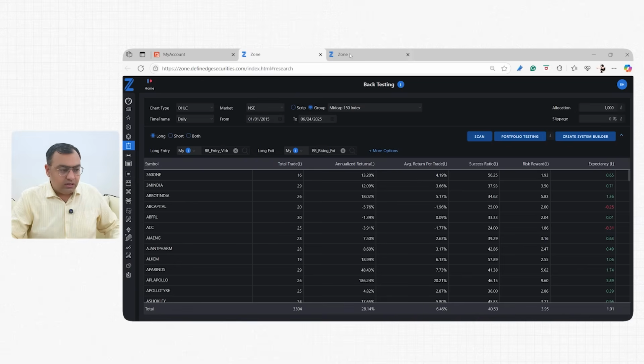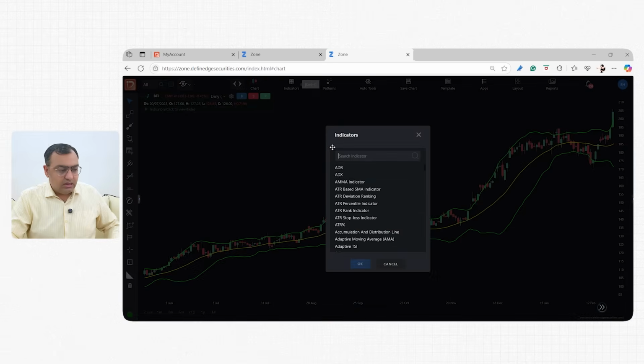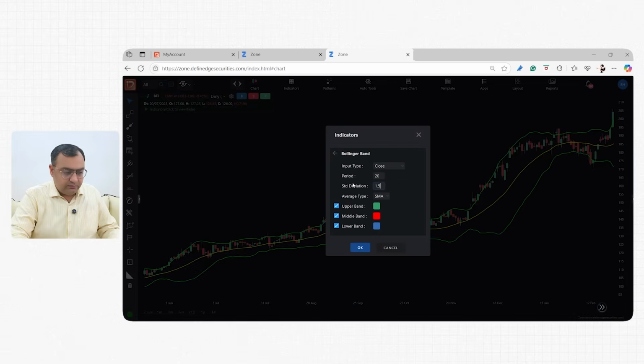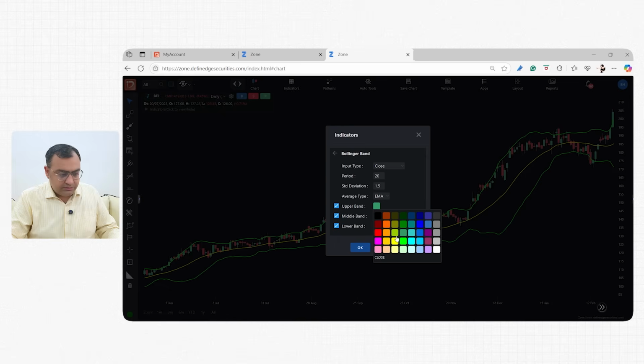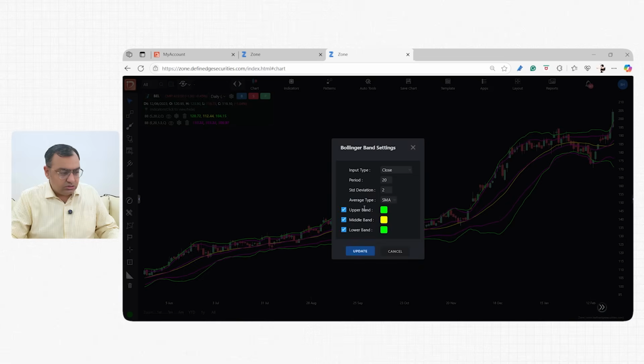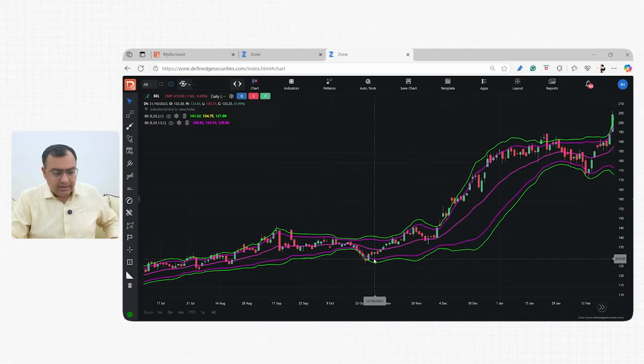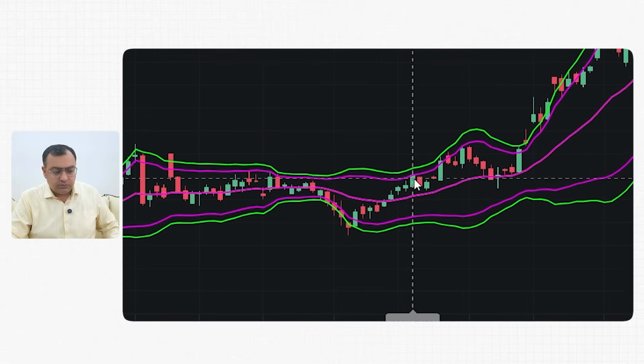Just to highlight over here on the chart how the setups look, I'll look at Bollinger Band 21.5 EMA and I'll change this color to pink. I have to change this EMA to SMA. Now if you look, I am looking at these kinds of setups where price has tested the upper band of 21.5, haven't tested 21, 22.